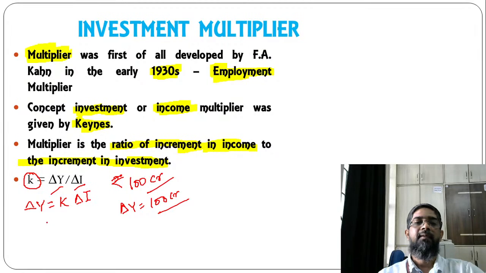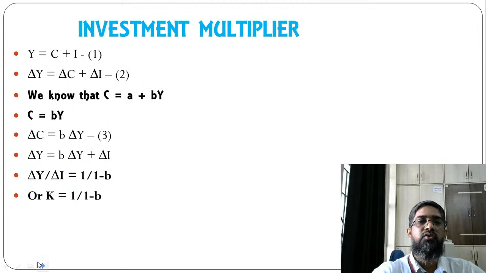Suppose the change in investment is 100 crore, so 100 crore multiplied by k. Now the question is, what is this k and how is the value of this k calculated? That we need to see.